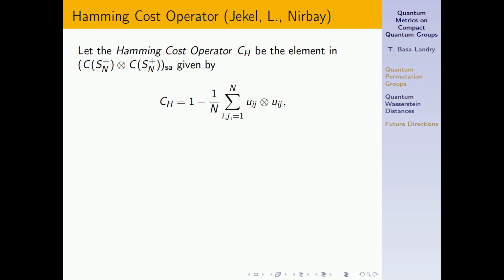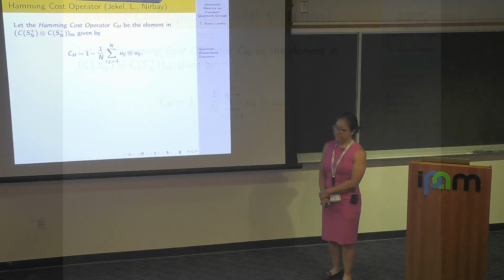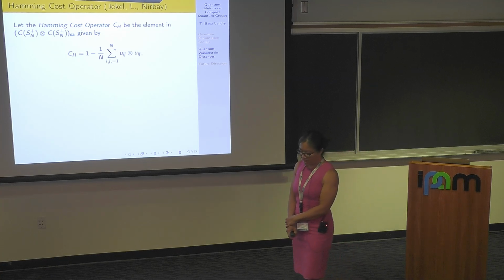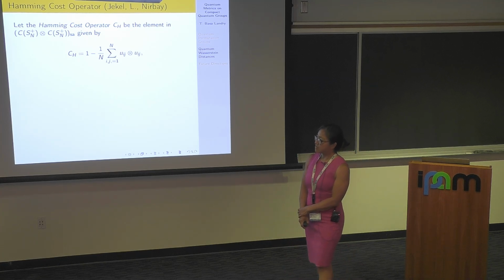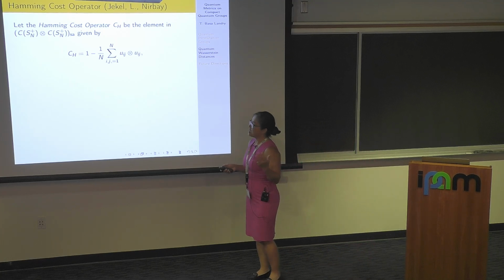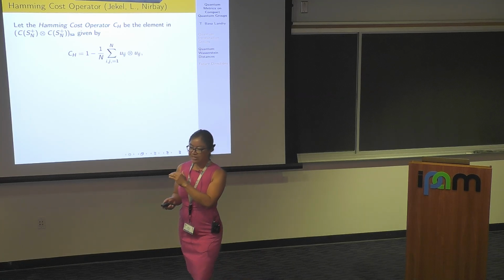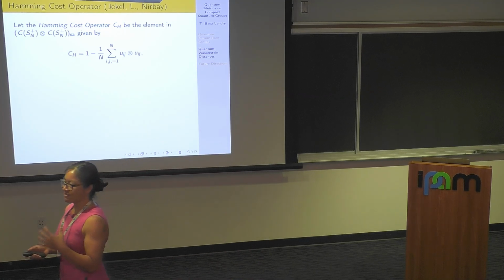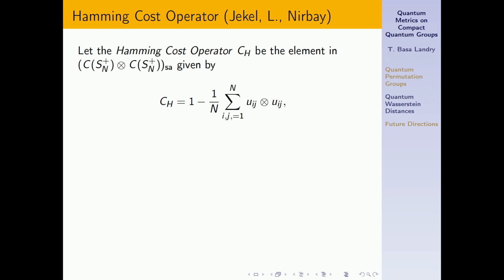Here our cost operator is some self-adjoint element in this tensor product of quantum permutation groups, and evaluation on this cost operator is going to give us a notion of cost.